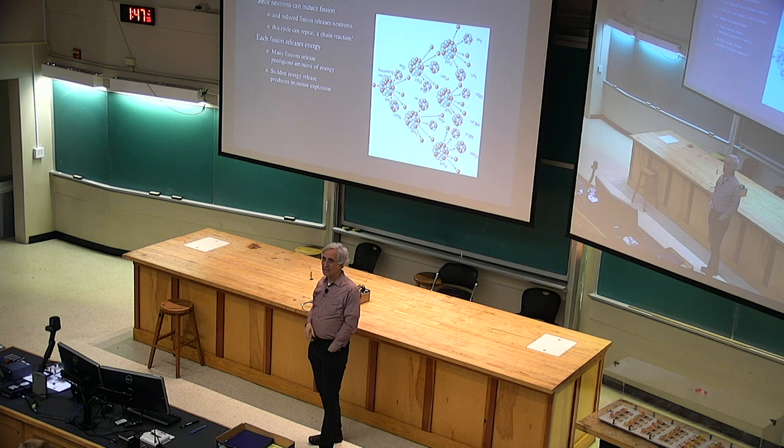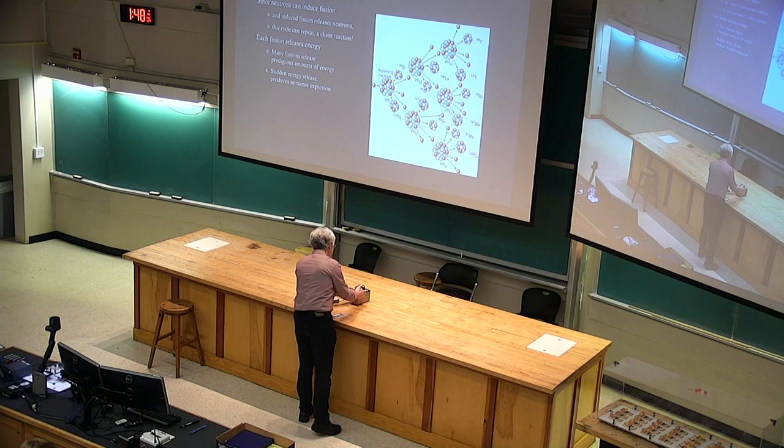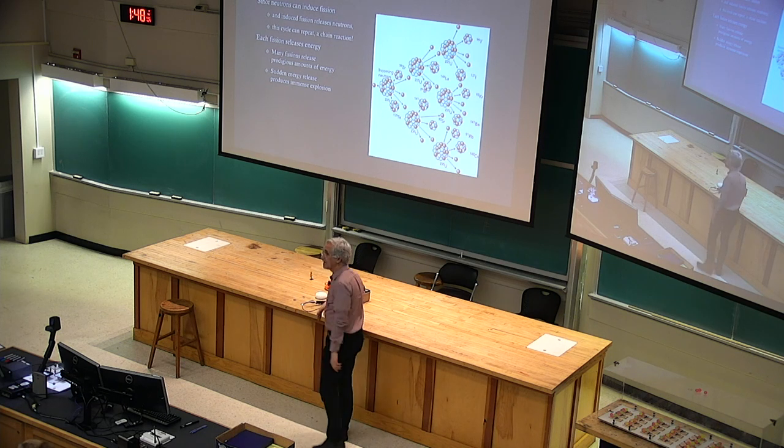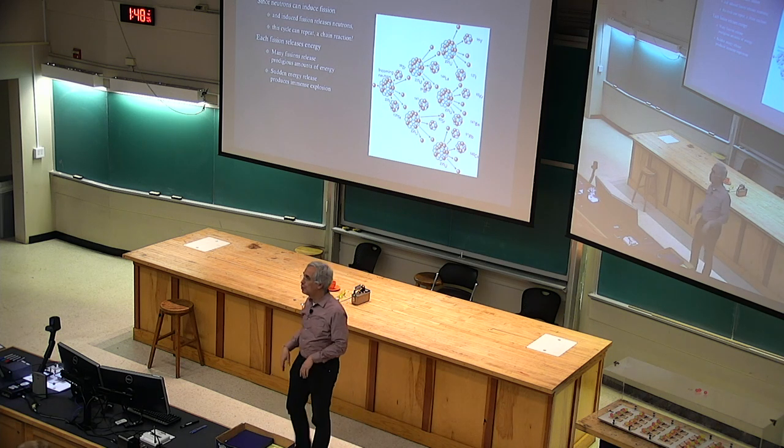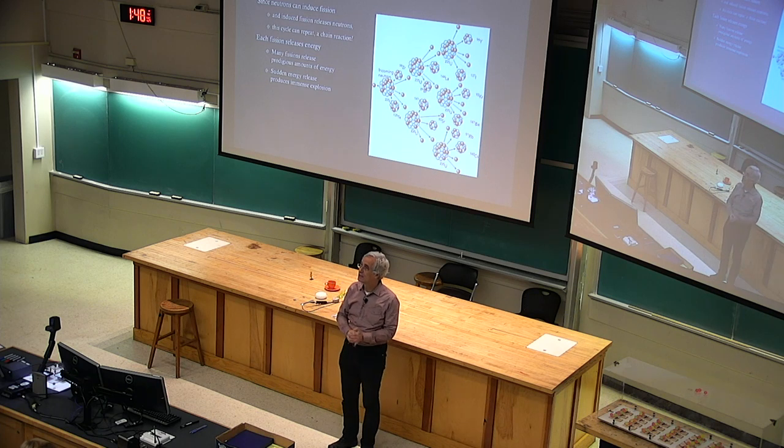And that's where the concept of a critical mass comes in. If you've got enough material and it's strategically located so that this process of chain reaction gets stronger and stronger with each generation, you eventually end up with a disaster. There's a huge number of nuclei shattered, each one releasing a lot of electrostatic potential energy.